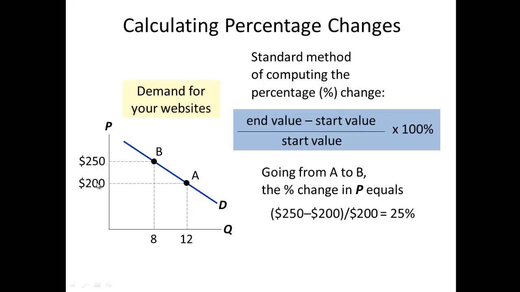So 250 minus 200 divided by 200 times 100 gives you 25%. So your change in price is 25%. To change your price from 200 to 250 is a 25% increase. So if I increase my price by 25%, what is the response from my consumers? How sensitive are my customers to a 25% change in price?